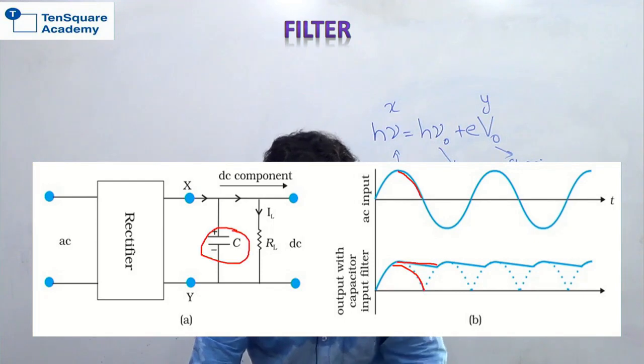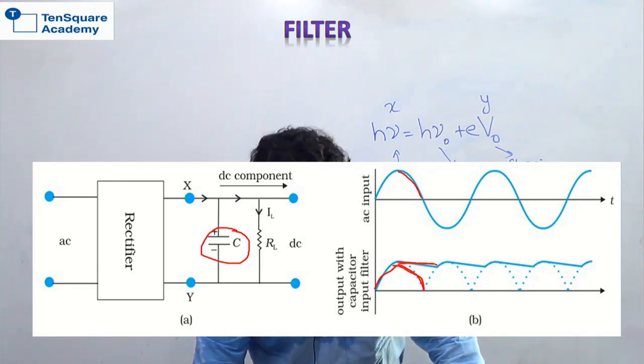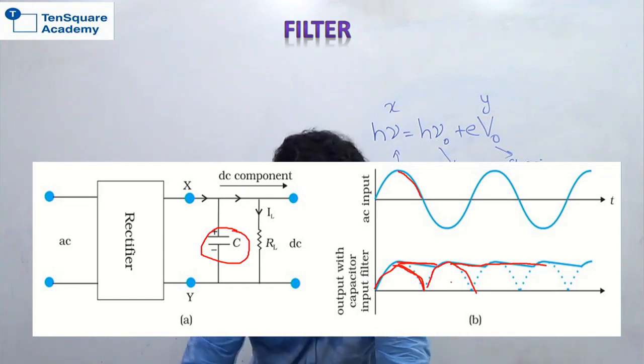This capacitor actually charges in the first cycle, and when the current actually drops here, the capacitor gives output and it gives a constant output. Again, in the second cycle the capacitor charges, and again when the current is supposed to drop, the capacitor discharges and ensures a constant output DC.